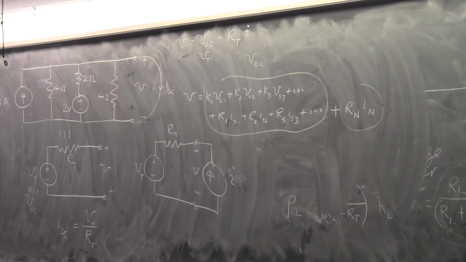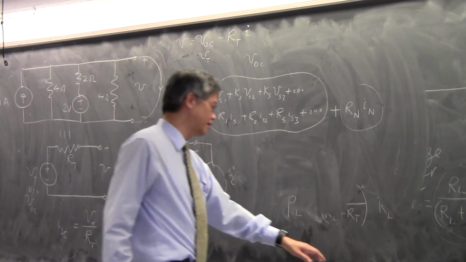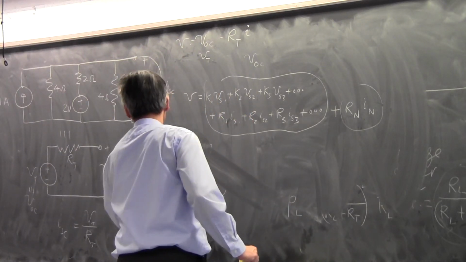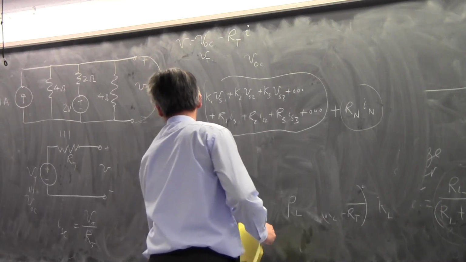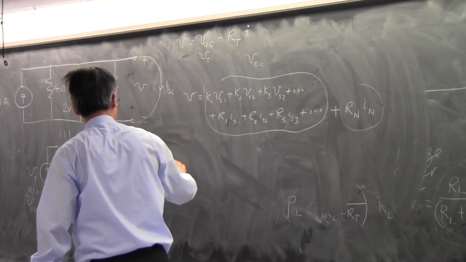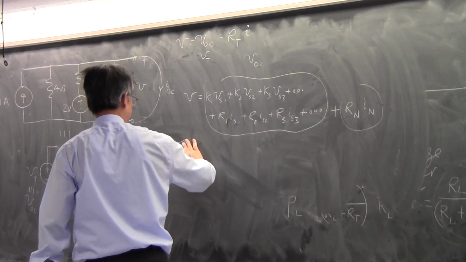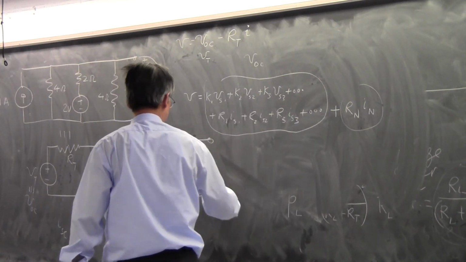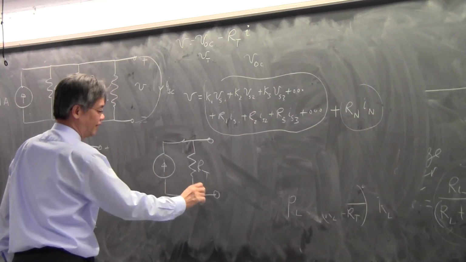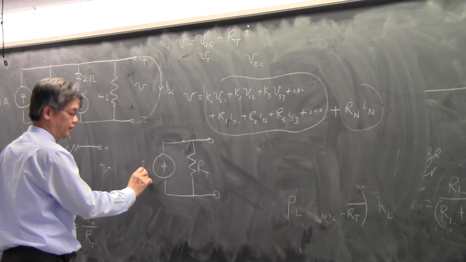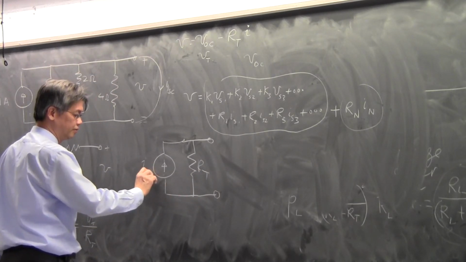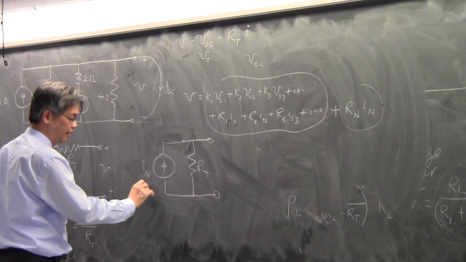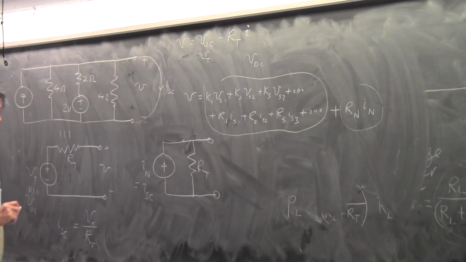Okay? And then you can also say, well, if I don't like Thevenin equivalent, I can also make a Norton equivalent. They're indistinguishable from each other. Okay? And it turns out that this is I Norton. I Norton is just equal to I short circuit. Okay?